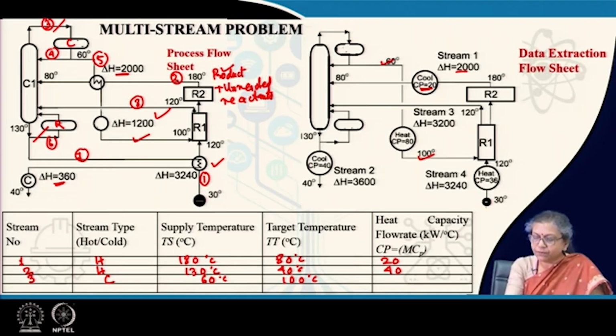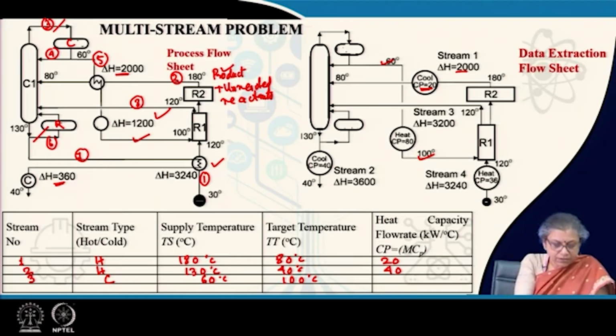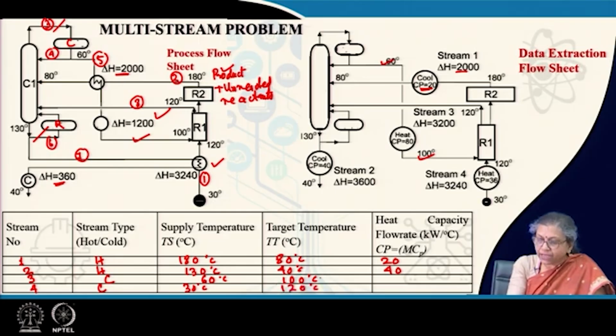What is the fourth stream? The reactant which comes in. So, this is also a cold stream which is heated from 30 degrees centigrade to 120 degrees centigrade, and here also, since delta H was provided, I can find out the Cp. The Cp is 36, in this particular case the Cp is 80.